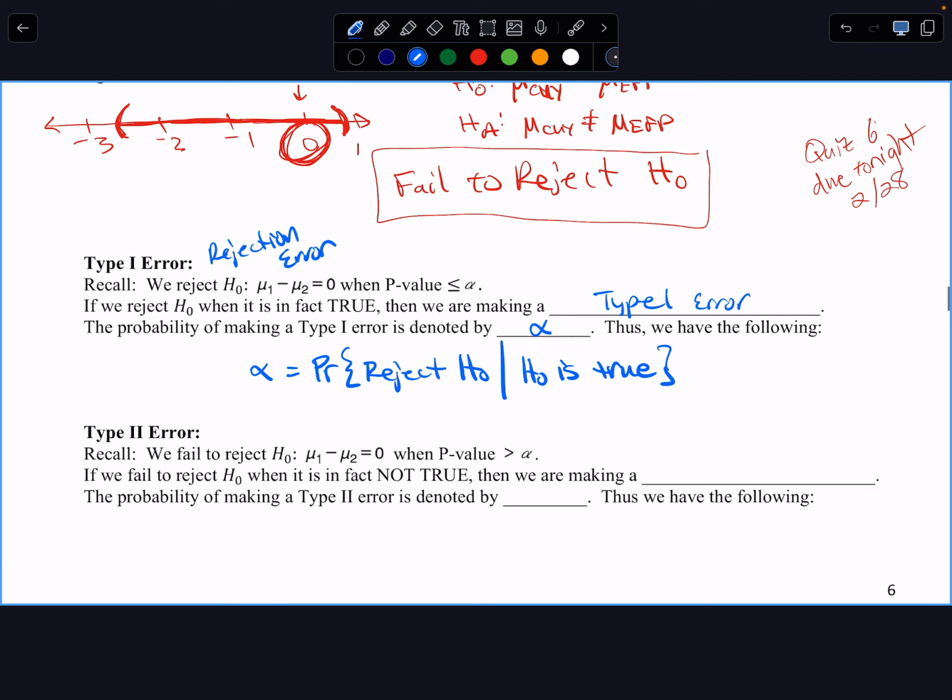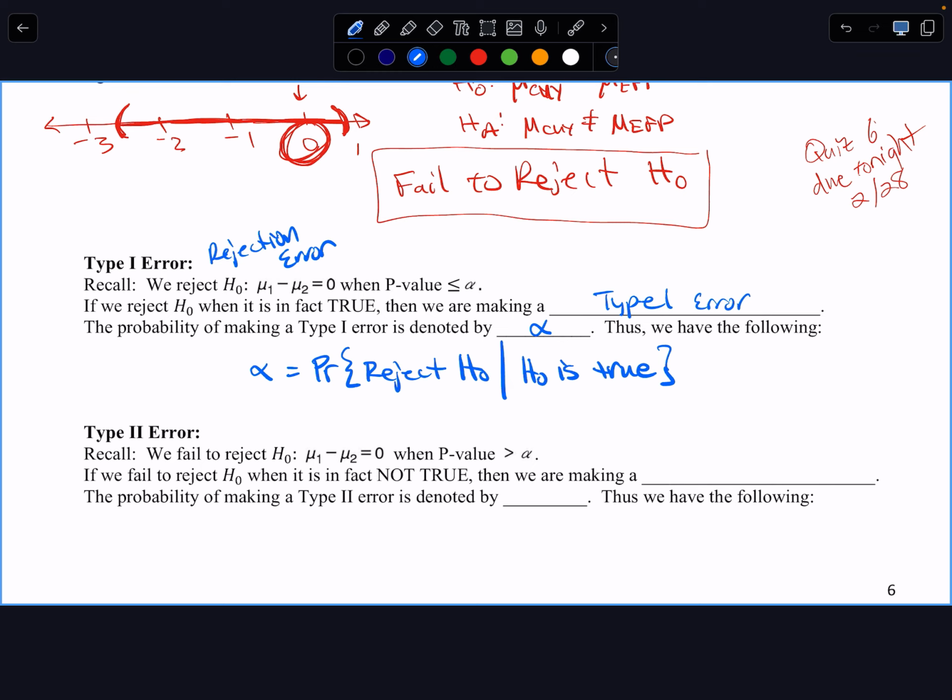A type 2 error is not a rejection error. It's the other decision that we make, right? When we do a hypothesis test, we're either going to reject the null or we're going to fail to reject the null, all right? And remember, we fail to reject the null when our p-value is greater than that significance level alpha, all right?